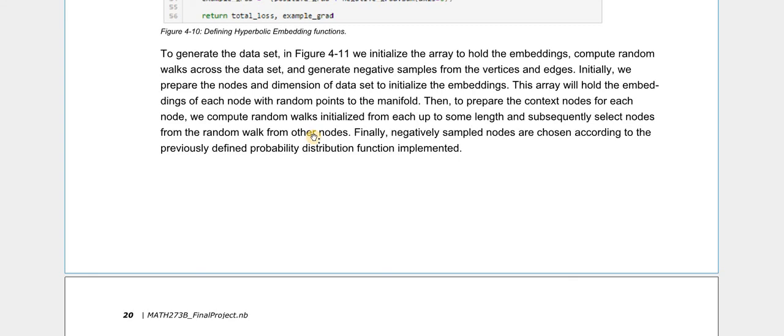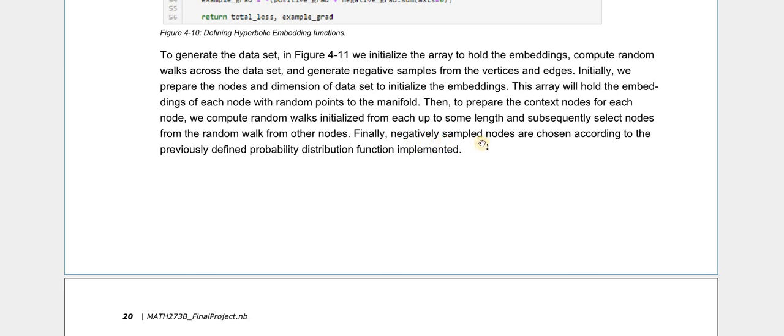A random walk is just a stochastic way of walking through our data, so that we're not really picking them out. It's all stochastic. So we initialize each step at some random length, and then use the next nodes from the random walk.